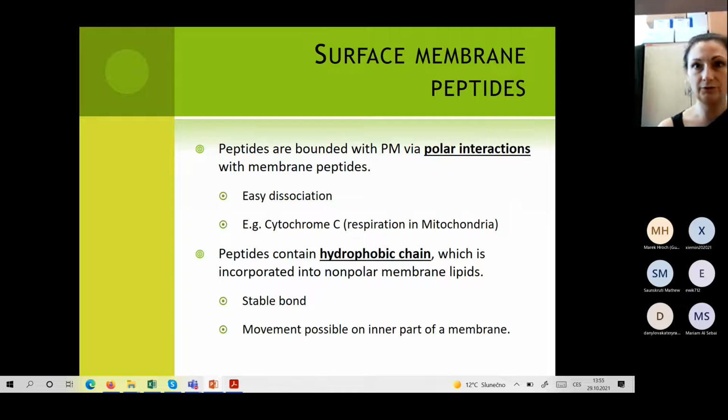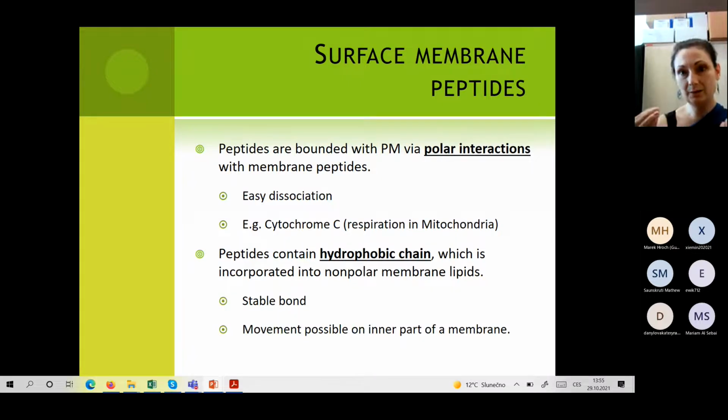The second group of the surface membrane peptides is the peptides which contain the hydrophobic chain. It means that the interaction which is allowed can be only with the interspace of the plasma membrane, with the fatty acids which are inside the plasma membrane.